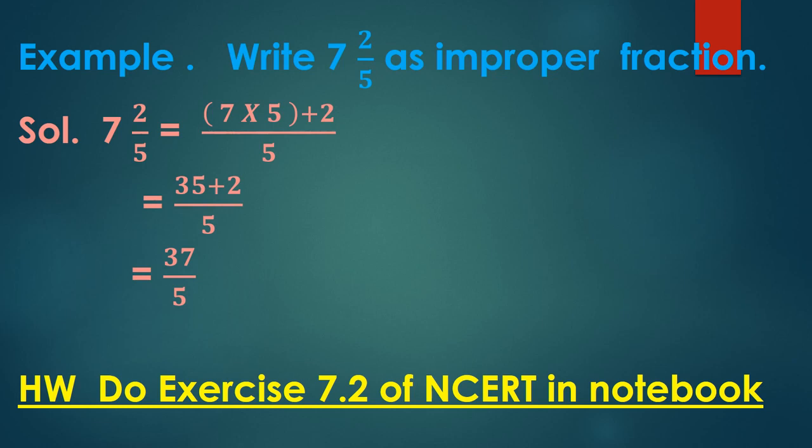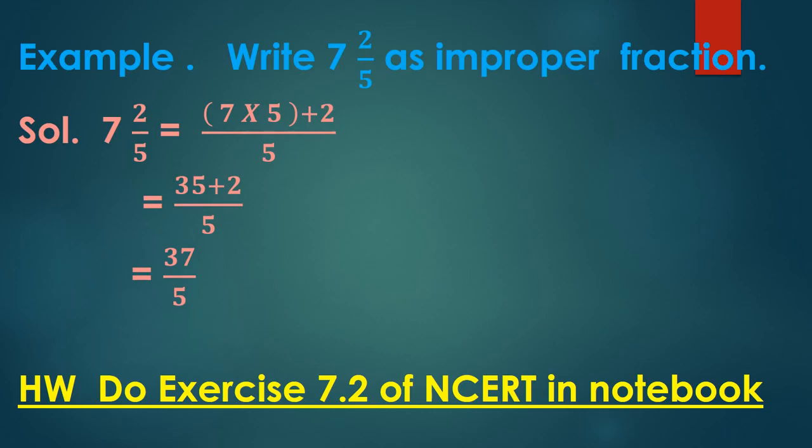We will multiply the natural number part by the denominator, that is 7 multiplied by 5, and to that product we will add the numerator, that is plus 2. So 7 5s are 35 plus 2. 35 plus 2 is 37, divided by 5. So your improper fraction is 37/5.